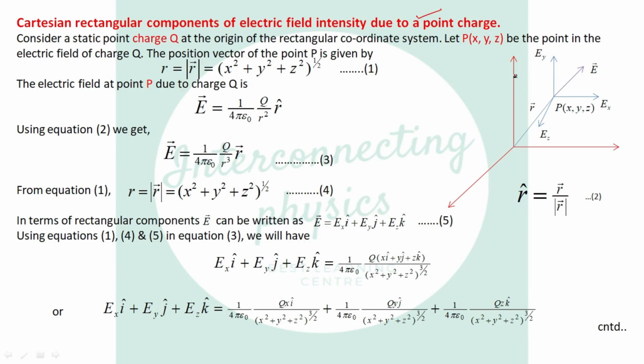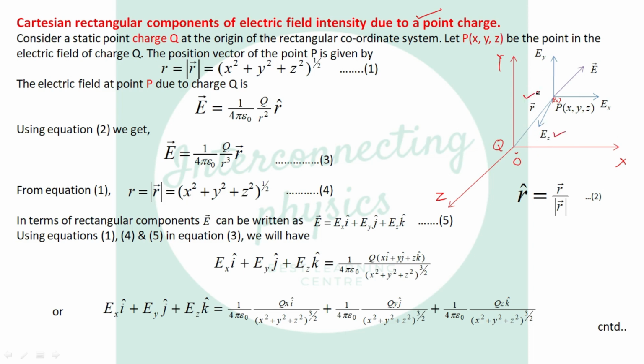So for this, let us consider we have a coordinate system O, X, Y, Z. Let Q source charge be present at origin, and there is a point P having coordinates X, Y and Z, and suppose test charge is placed at point P. So the electric field has rectangular components Ex, Ey, Ez. Ex is along x-axis, Ey is along y-axis, and Ez is along z-axis.